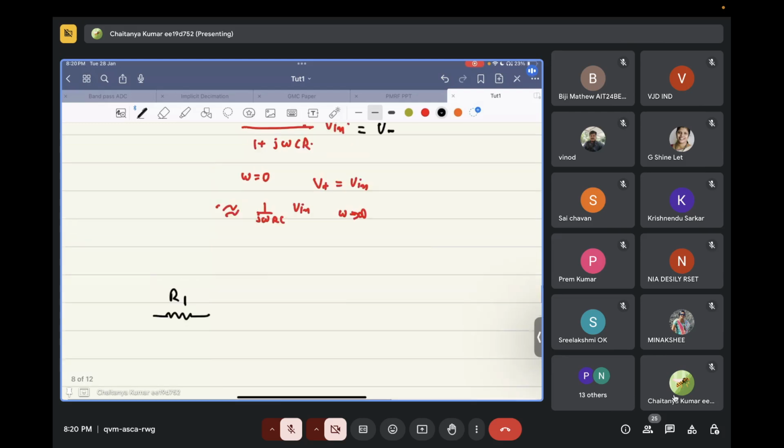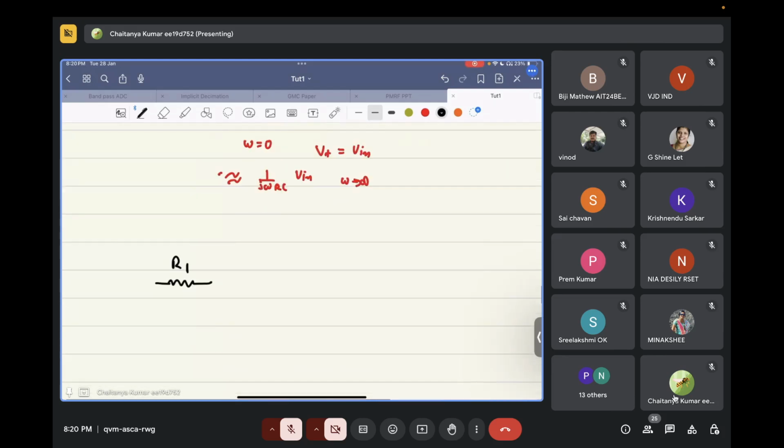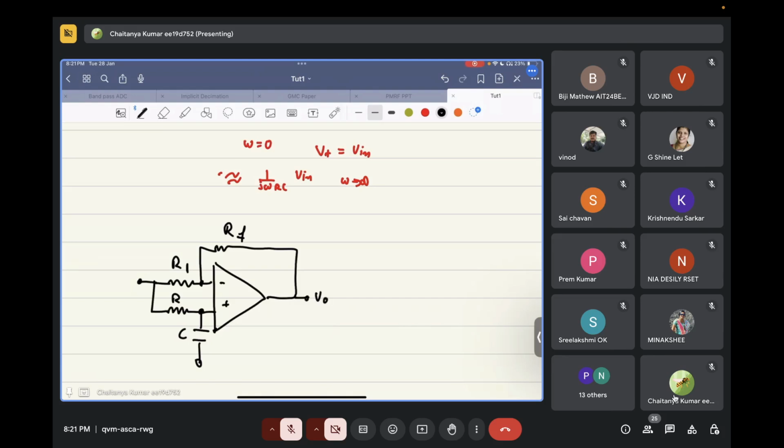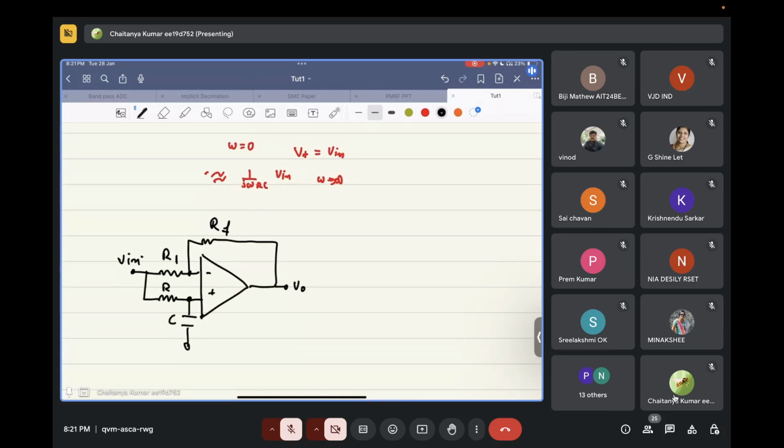I have R1 over here, this is the capacitor, this is the resistor, and here is the feedback resistor RF. So the current flowing in this direction will be equal to Vin minus V minus by R1.